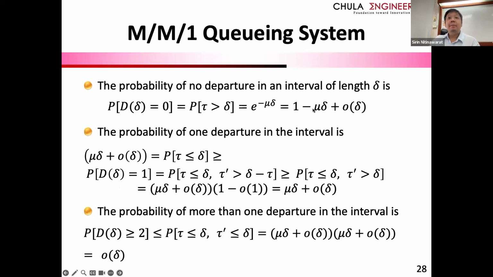Same form, just change lambda to mu when you go from the arrival process to the departure process. Clear?